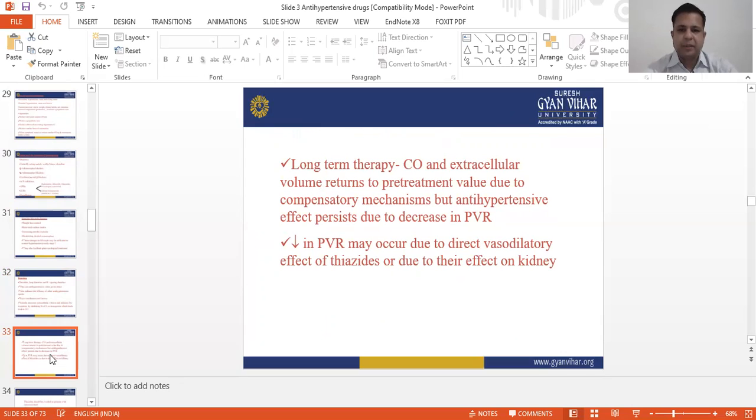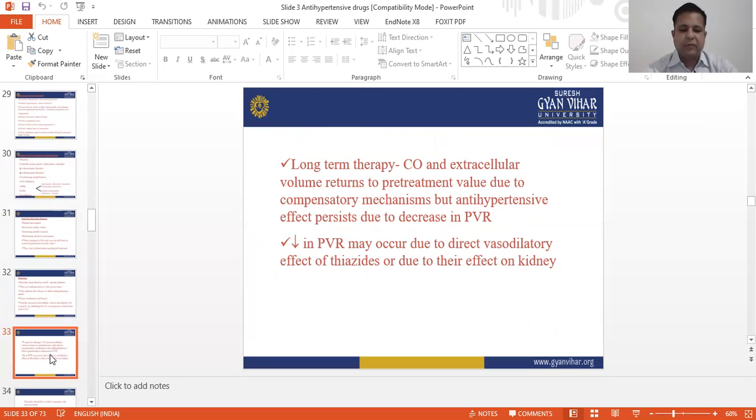In long-term therapy, cardiac output and extracellular volume return to pre-treatment values due to compensatory mechanisms, but the antihypertensive effect persists due to a decrease in peripheral vascular resistance.